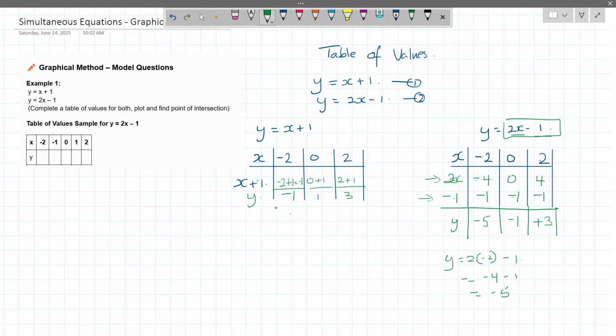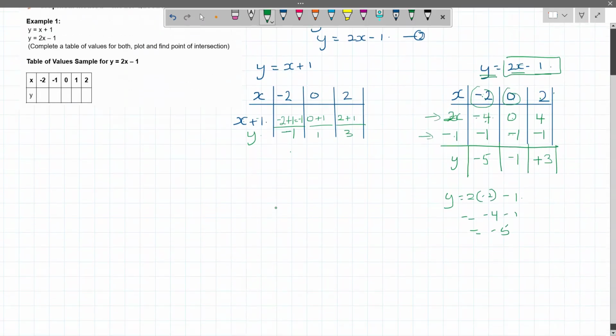Every time you change a column, you're changing the value of x. So here, 2 by -2 gives -4. Here, 2 by 0 gives 0. Here, 2 by 2 gives 4. And then I continue by subtracting 1 from it, and I'll get what y is, because y is 2x minus 1.